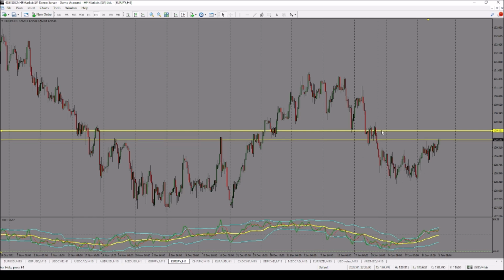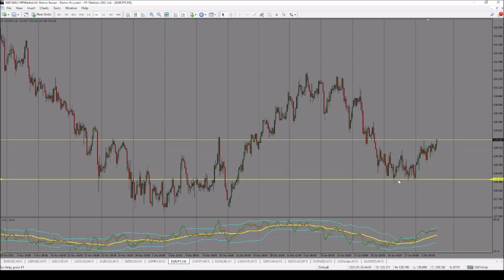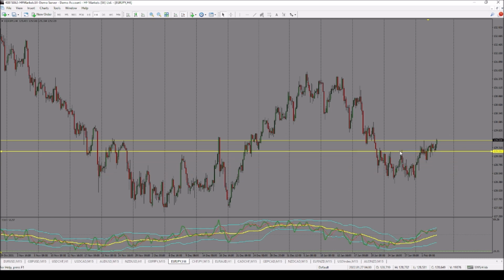Right now we are at this point where we have reversed. After having reversed, we can see that the last high of the previous trend, which is this downward one, is this one, and we have broken it, meaning that we are likely in a new trend.